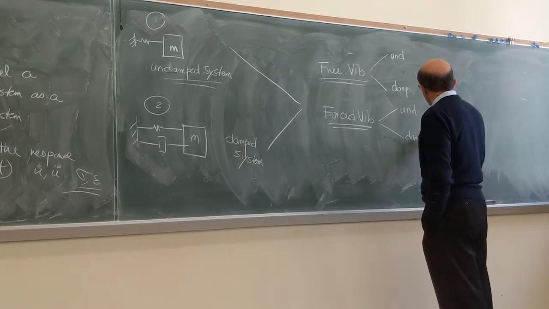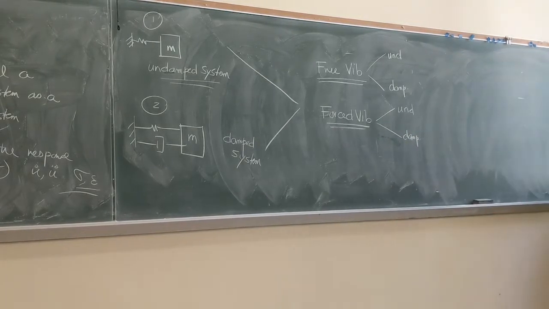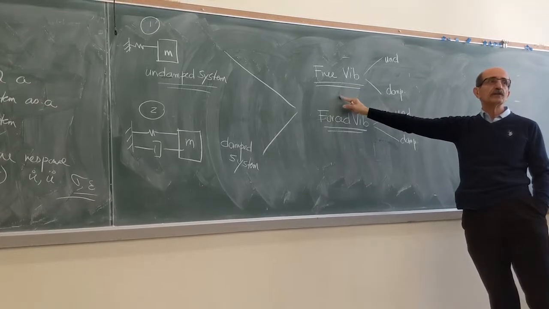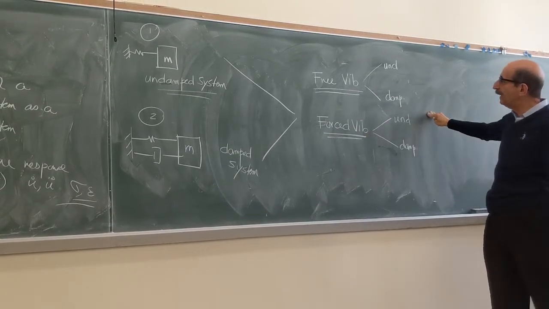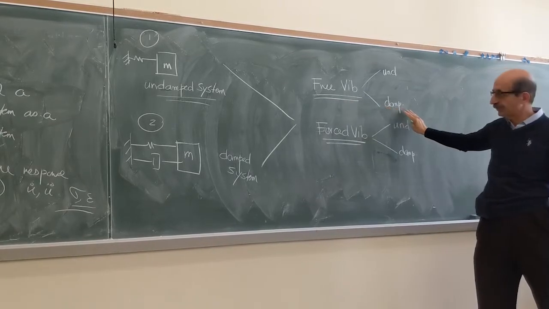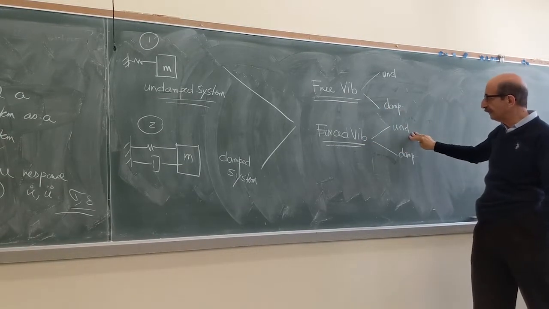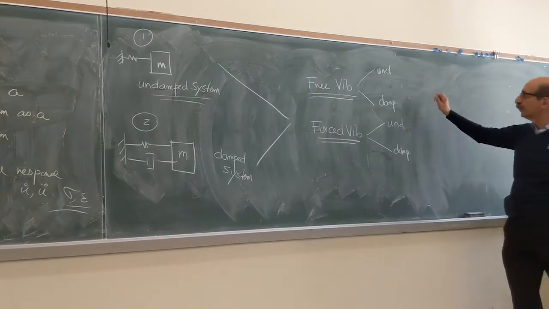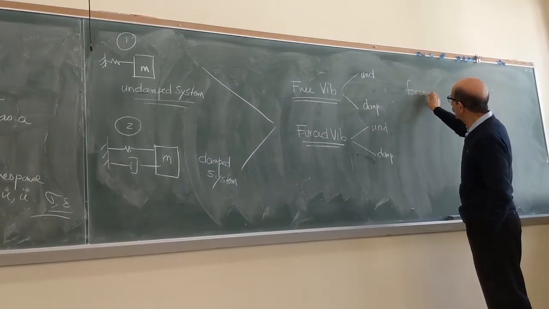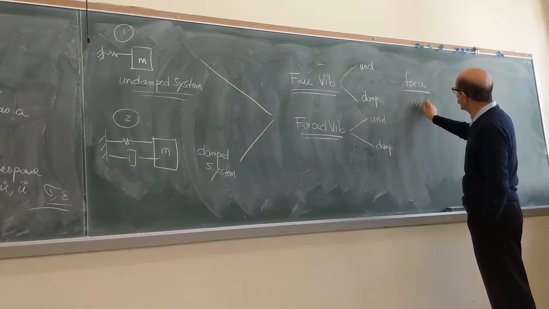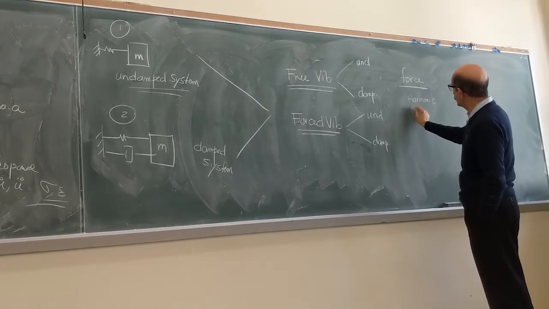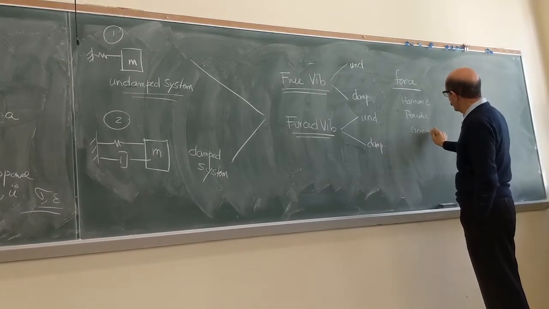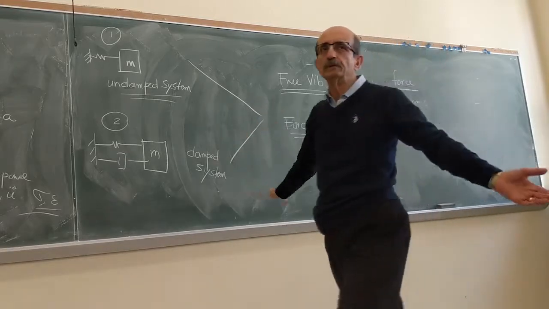So studying mechanical vibration, basically, is studying these four cases: the free vibration of an undamped system, and the free vibration of a damped system; the forced vibration of an undamped system, and the forced vibration of a damped system. And remember, of course, that that force can be either harmonic, periodic, or general. That's what we will be doing in mechanical vibration.